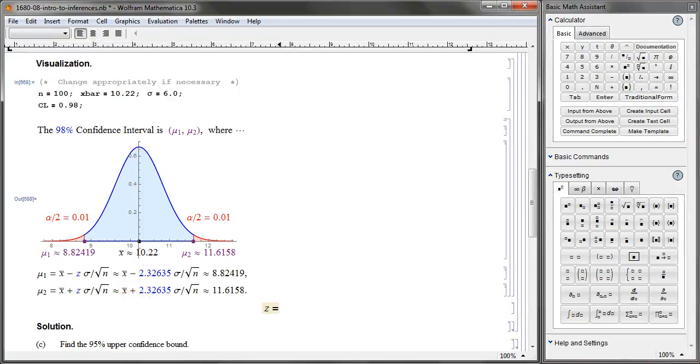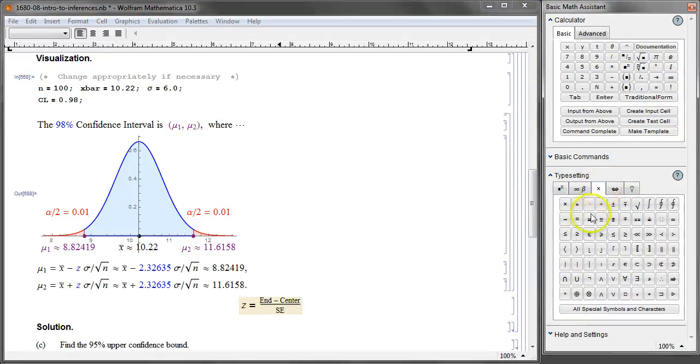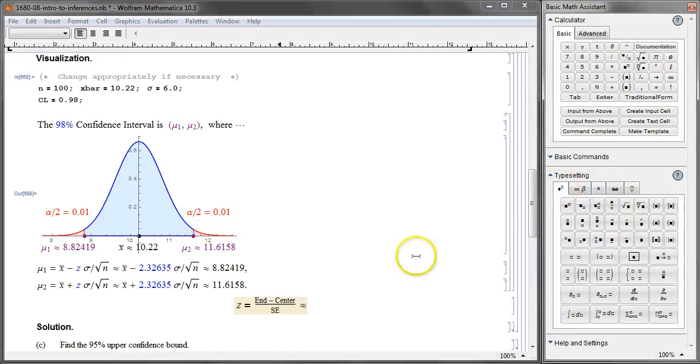In short, the z-score for this case, which is end minus center over SE, has to be approximately negative 2.33. But then again, by symmetry, we have negative 2.33 here and this one will be positive 2.33.